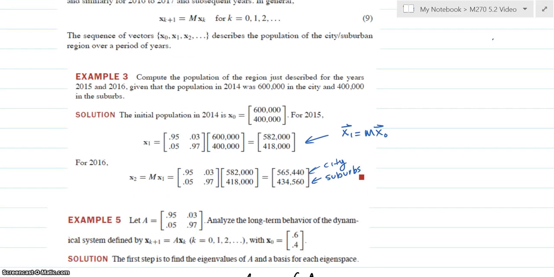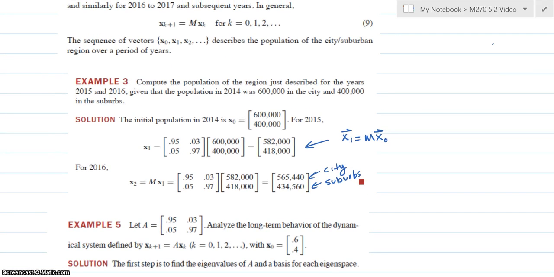So now let's see how eigenvalues can help us find the long-term behavior of this dynamical system. This example now is from section 5.2 in the book on page 280 if you want to follow along. This is a long example. So our first step is just to find the eigenvalues.